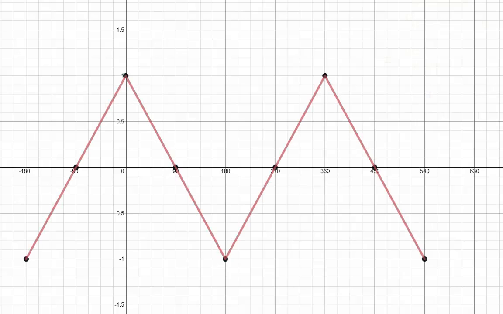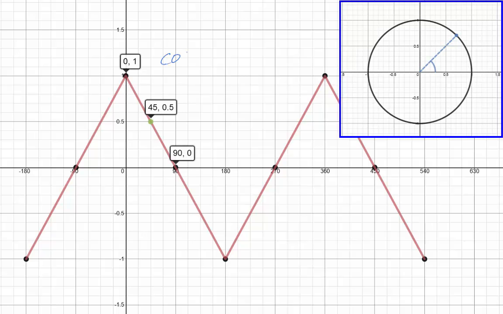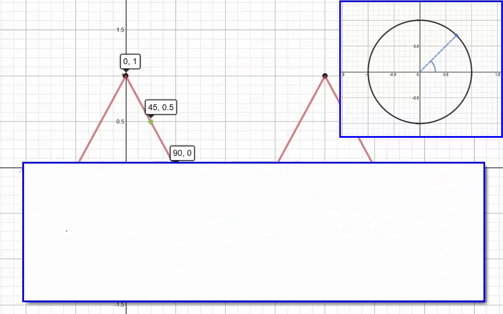But there is no reason to believe that these sections of graph should be straight. If we have a straight line from 0, 1 to 90, 0, then it would pass through 45, a half. That would mean that cos 45 degrees equals a half. But cos 45 degrees isn't a half. Look at the isosceles triangle it makes in the unit circle. The hypotenuse of the triangle is 1 because that's the radius of the circle.